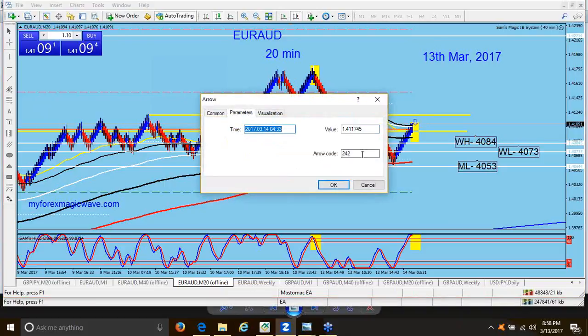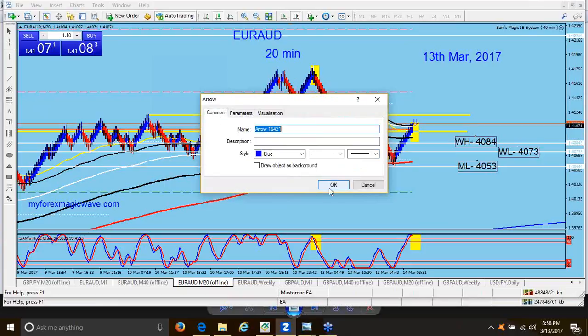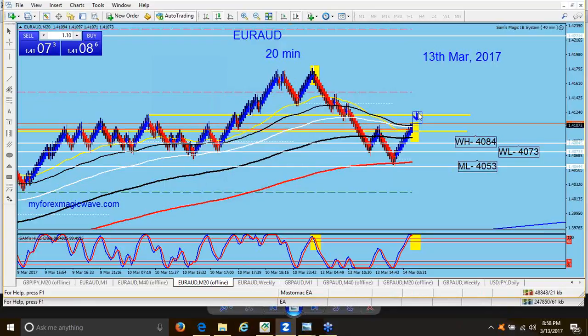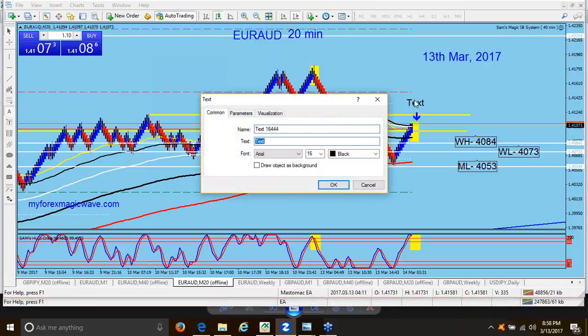Let me see. I don't like that thing there. I like this size, this style, a bit clear, right? And I would sell here. Okay. When I open a trade, then I'm gonna write down the sell. Well, let me just write it down anyway, because I'm very much sure that that will happen.